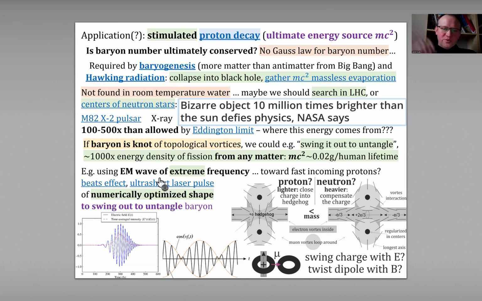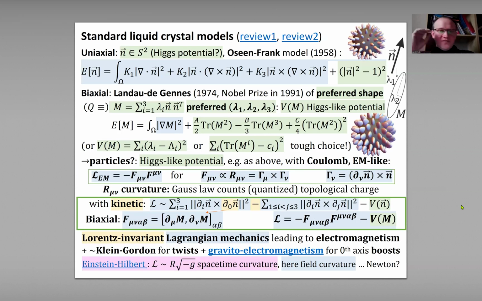For this purpose, we would have to think about how to, for example, swing out this charge of the proton, make it out of this knot, to destroy this shape. Having this kind of model, we could make simulations to search for some way to destroy the proton for an ultimate energy source.